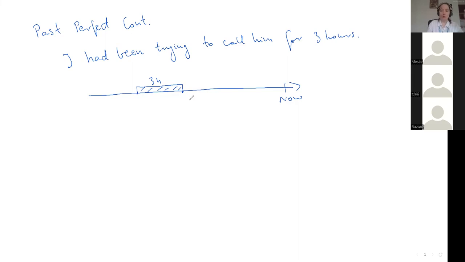We don't know what the stop was. Did he finally answer or not? Did he come or not? Was there any more reason to call him or not? But from the perspective of now, I definitely know and remember that it was 3 hours, and those 3 hours passed, and then I stopped calling him for whatever reason. But the time frame is closed.